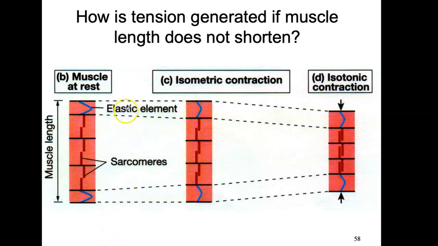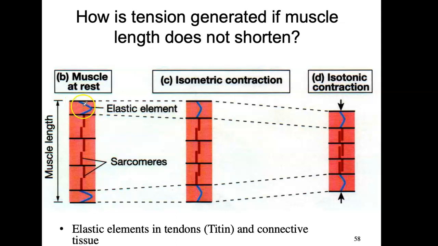But if we look at this diagram, it helps. If you had a muscle at rest, and these are the sarcomeres here, they're overlapping very little. At the very end, you have to remember that elastic element that's attached onto the end of the sarcomere within a muscle. So in the isometric contraction, notice how in this part, the muscle actually is shortening.